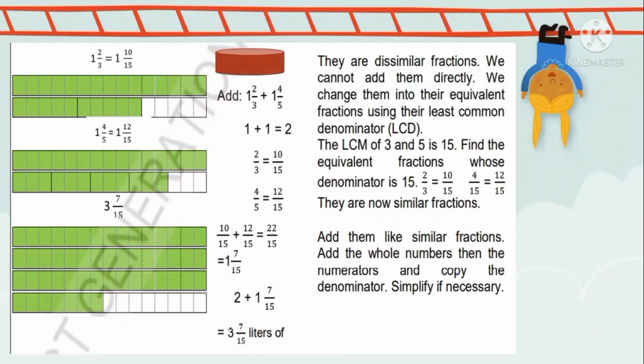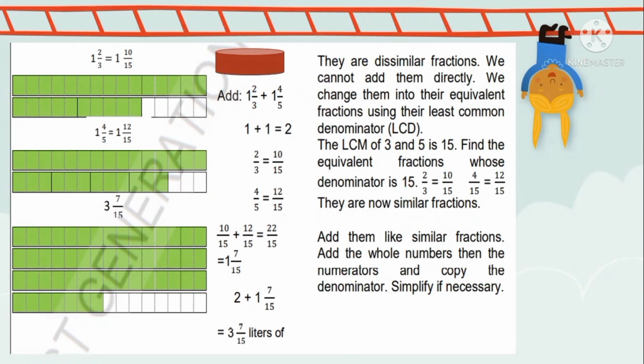Here we are going to add mixed numbers. And it's sad to say that they are dissimilar fractions, so we cannot add them directly. We change them into their equivalent fractions using their least common denominator.